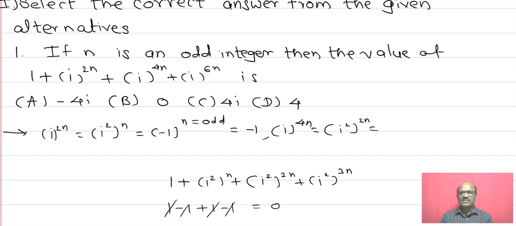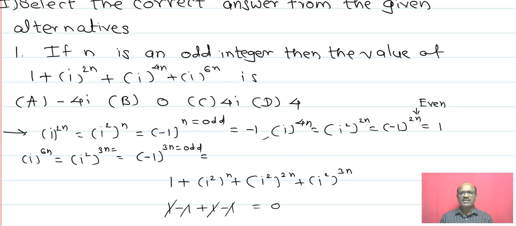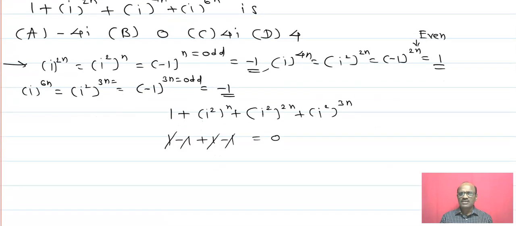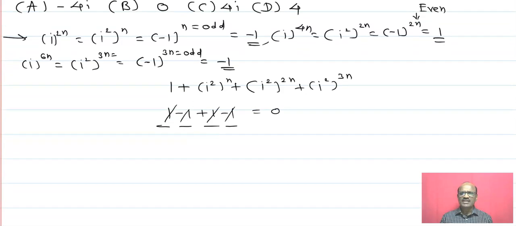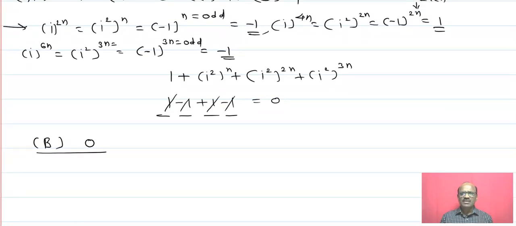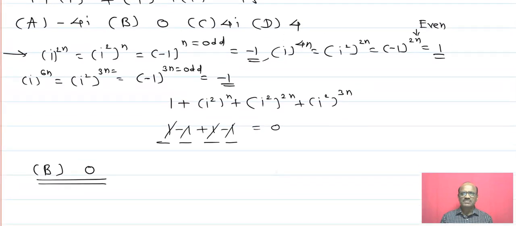Next is i raised to 4n, written as (i square) raised to 2n, that is (minus 1) raised to 2n, which is equal to 1. i raised to 6n is written as (i square) raised to 3n, that is (minus 1) raised to 3n. It is again an odd number, because odd into odd is odd, since n is odd and 3 is odd, so overall it is minus 1. Now I substitute the values, and overall the answer is 0.